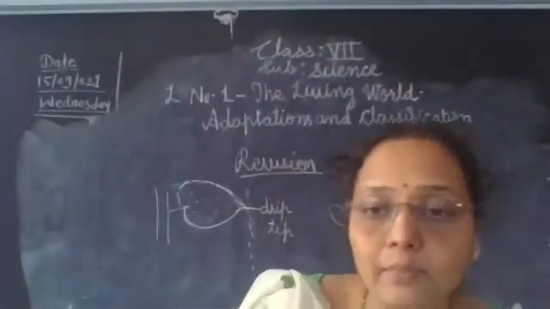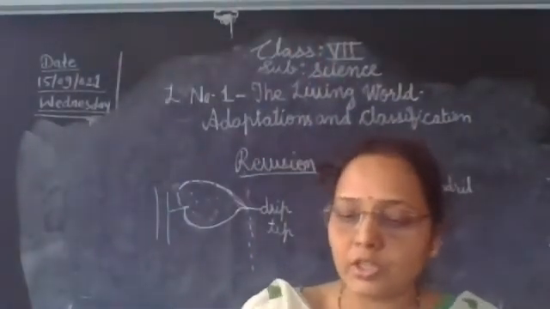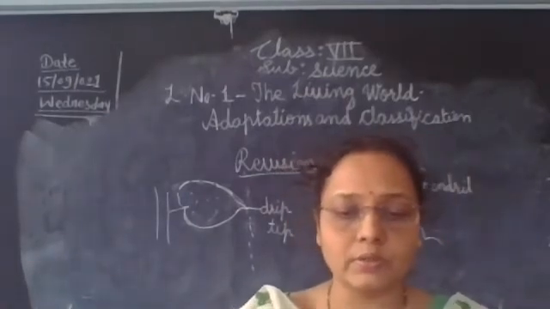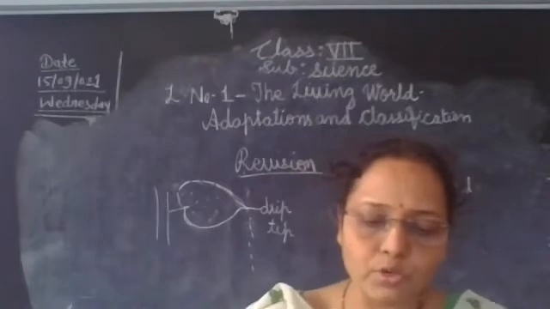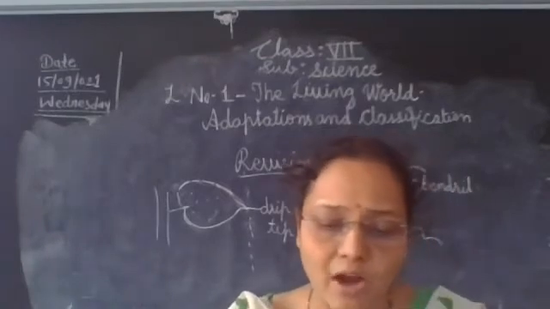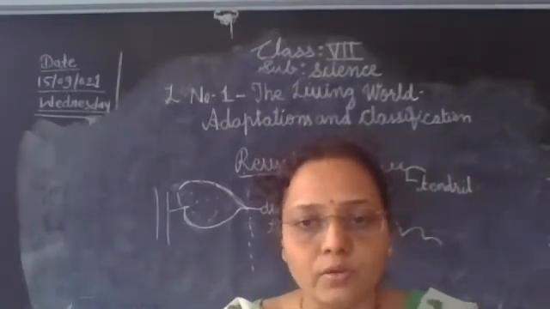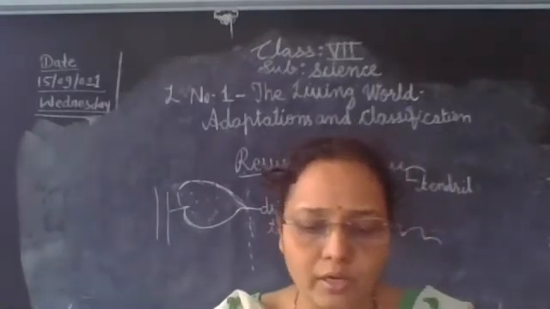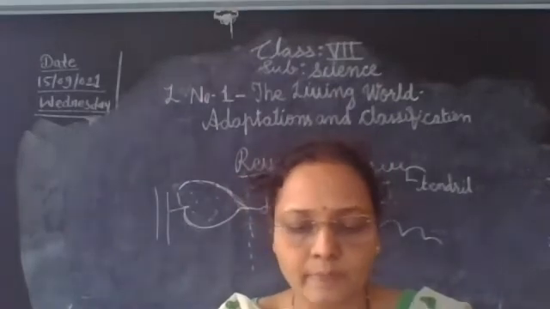Then adaptation in grassland plants. So diverse types of bushes and grasses are found in the grassland. Various varieties of grasses and bushes are found in grassland.